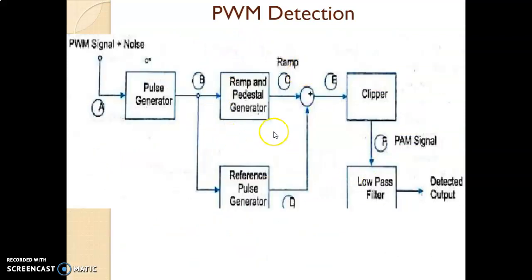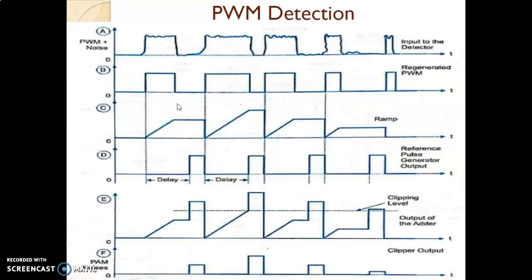Now another generator which is present here is called the ramp and pedestal generator. The ramp and pedestal generator is triggered at the PWM signal starting. So at every starting edge of the PWM signal, the ramp waveform will start rising, then it will be constant.